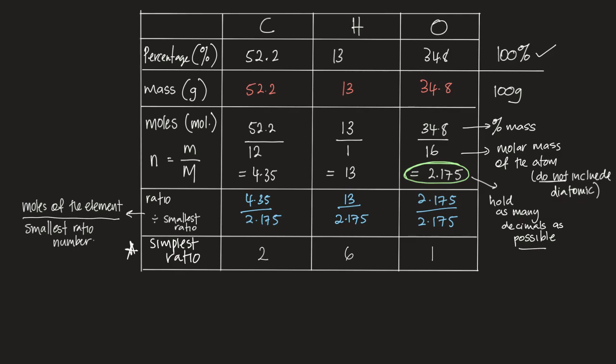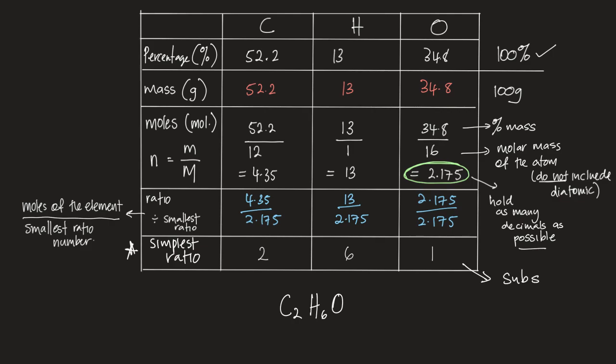So once you've got that ratio, we say that when carbon, hydrogen, and oxygen bond with each other, the simplest ratio they form is C2H6O. Where am I getting these ratios you see here in this column?